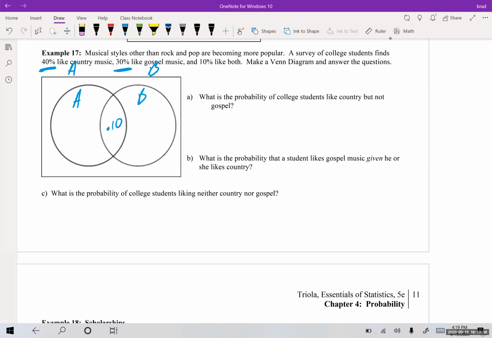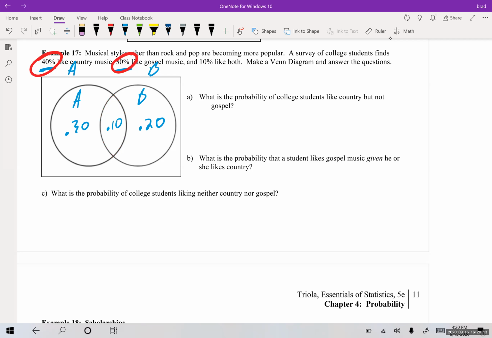So we have to take into account the middle portion plus the outer portion. If I add 30% and 10%, that gives me 40%, which is what it says. If I do 10% and 20%, that gives me 30%, which is what it says. So you have to be careful when setting up your Venn diagram. You don't count the overlap as part of the 30 and then count it again as the inner part.